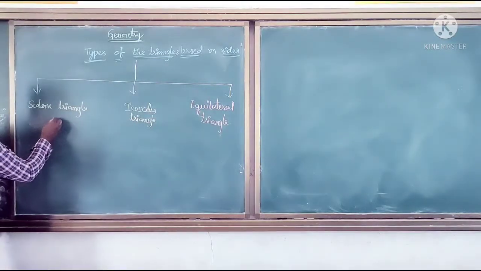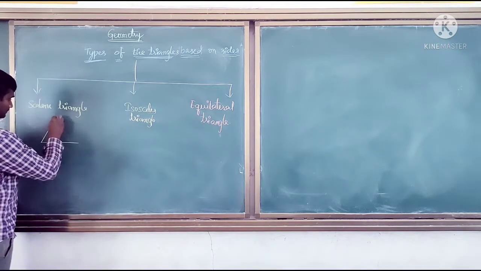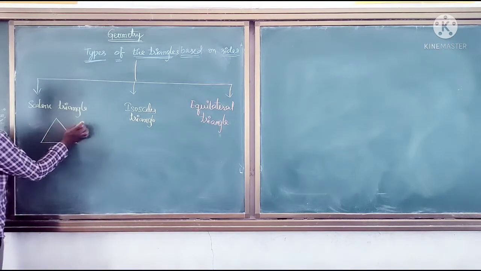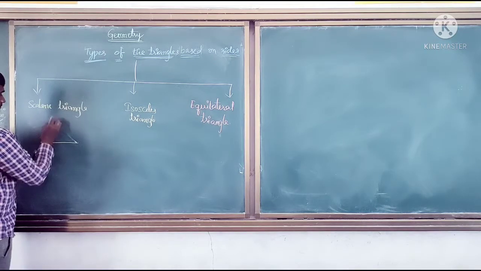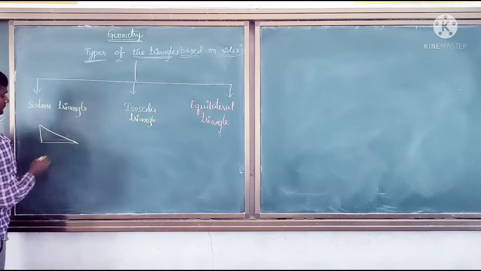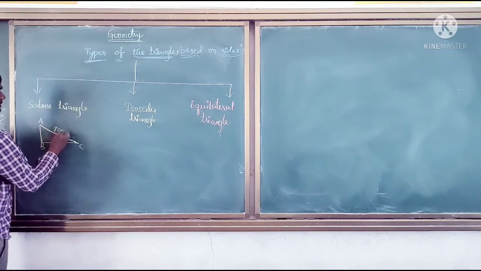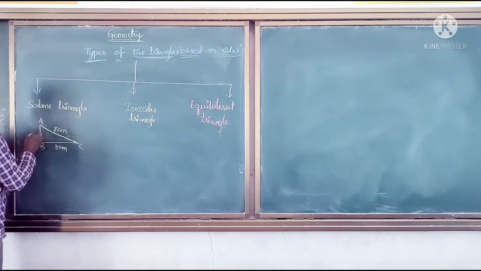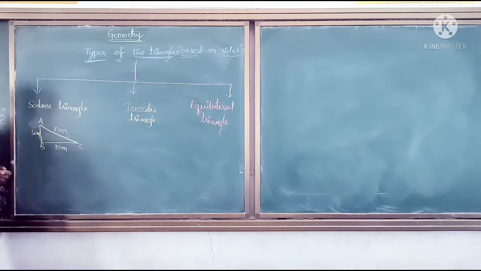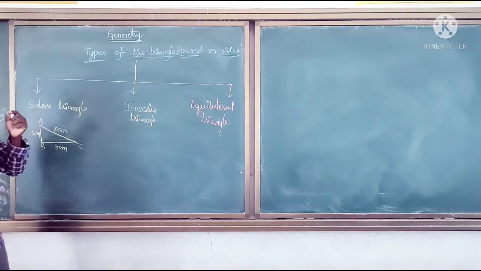For example, take triangle ABC with sides 7 centimeter, 8 centimeter, 5 centimeter. Here no two sides are the same, so we call this type of triangle a scalene triangle.